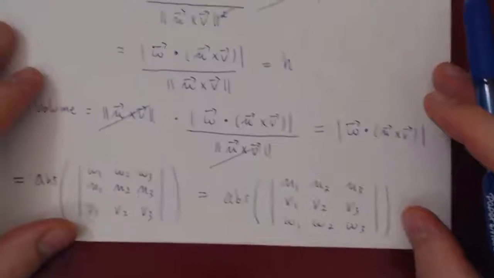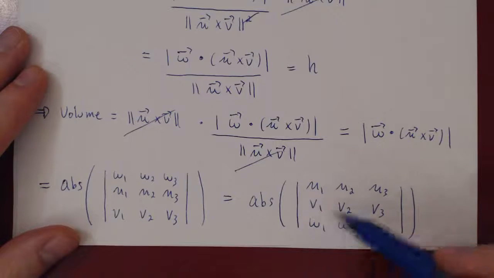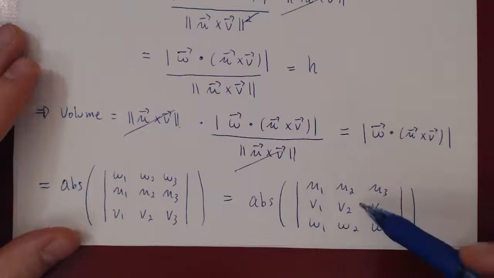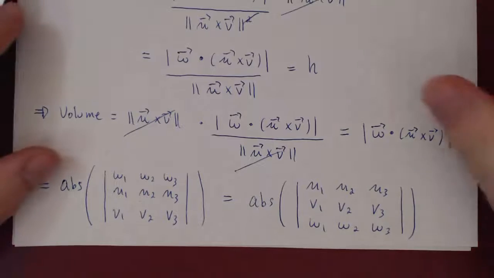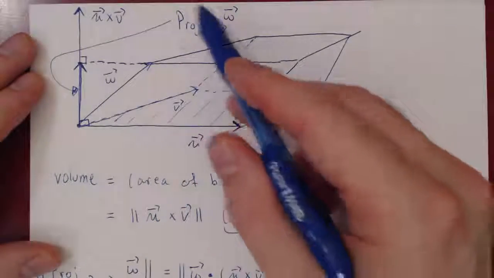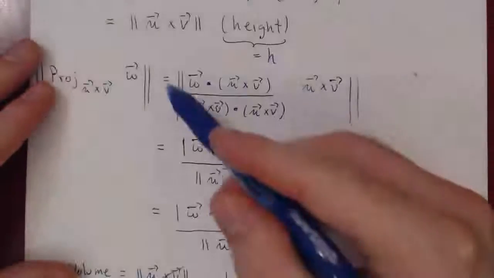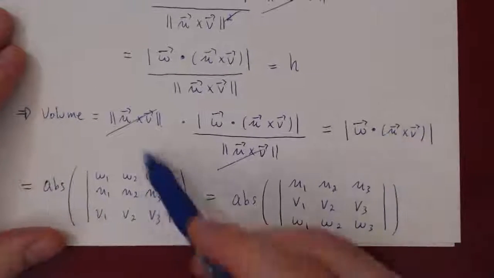And as we have said earlier in the course, the absolute value of the determinant of a 3x3 matrix gives you the volume. And that's it. One really nice application, if you go back, of the cross product, the dot product in the orthogonal projection, and properties of the norm, and finally of the scalar triple product.